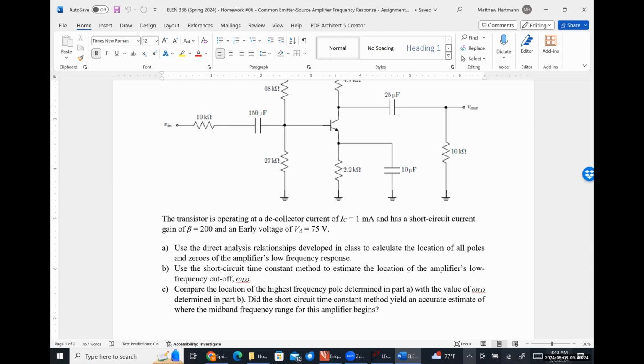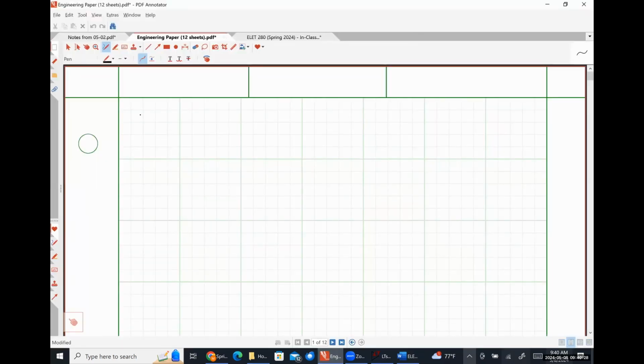So for a common emitter amplifier, low frequency response, the coefficient A of the second order polynomial that is in the denominator of our input stage's response should be, or actually let's do it this way.